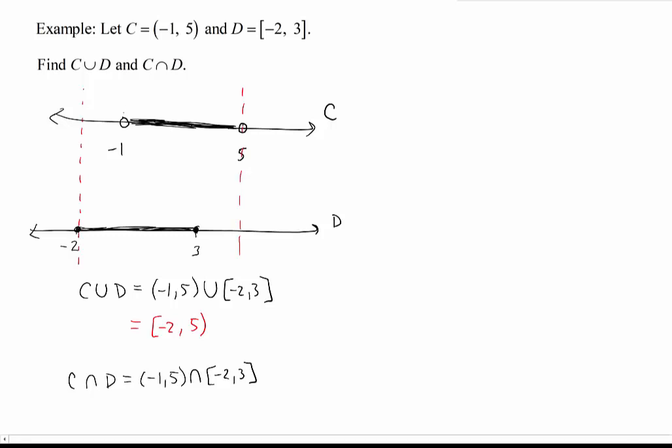So you can draw a line, this blue line here, and as we see, everything that is between both those blue lines is common to both of the sets, not including the -1. So where do we start? -1, and then we include everything up to and including 3, because that is in both sets. -1 is not in both sets, hence it is not part of the intersection.